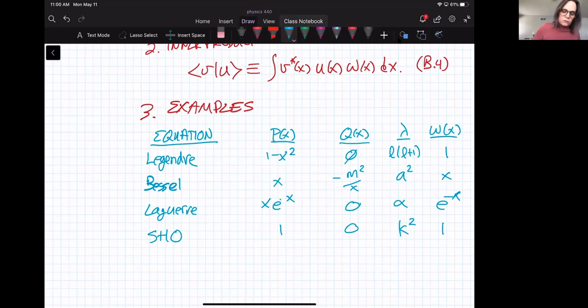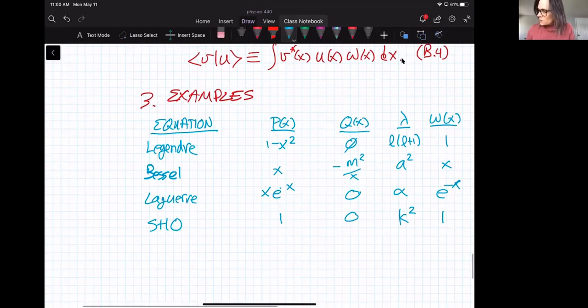Let me make sure that I've written this down carefully. I'm going to need to go back in my notes and make sure that this is careful, so I'm going to just put a star here. But you're right, it should be k squared.